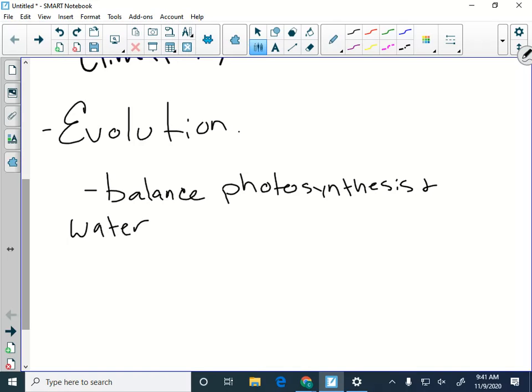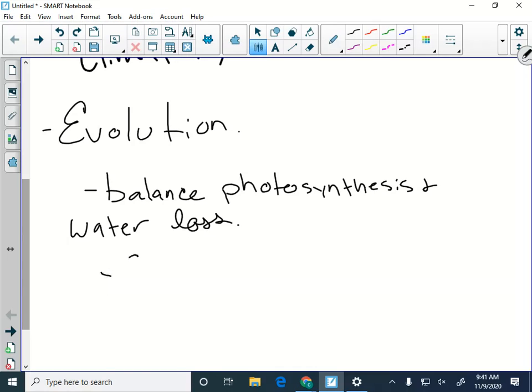We have to balance photosynthesis and water loss. We have to figure out a way for plants to still maintain their levels of photosynthesis that help them stay alive without losing so much water that they can't carry out photosynthesis anymore.